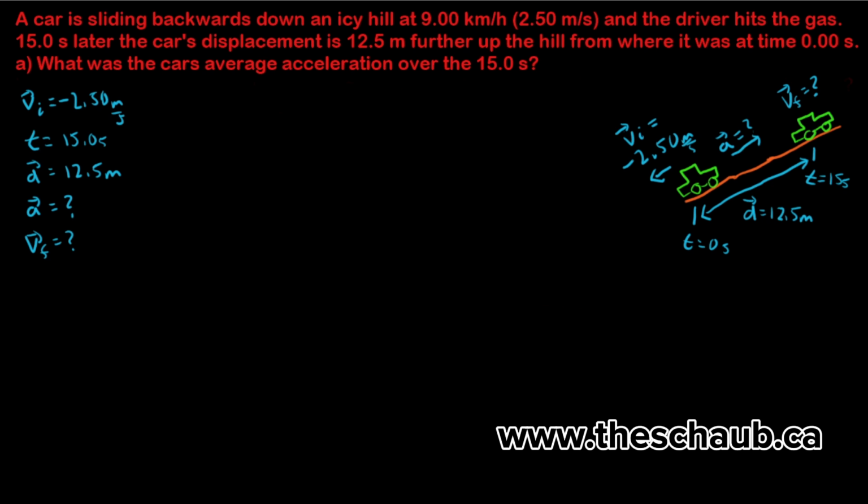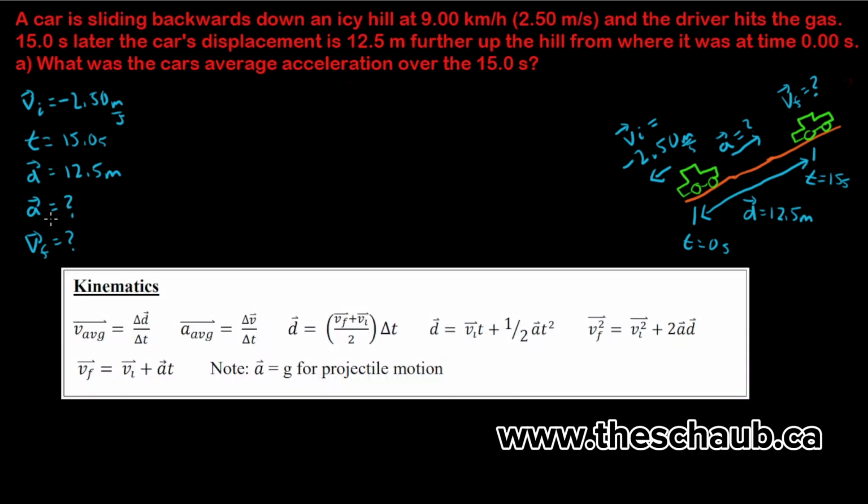We're ready to look at our kinematic equations and find an equation that has VI, T, D, and A in it. Because we're not looking for VF and we don't have VF, we can immediately cross out all the kinematic equations that have VF in them because we know these won't work for us. This leaves us this kinematic equation that has VI, T, D, and A in it.